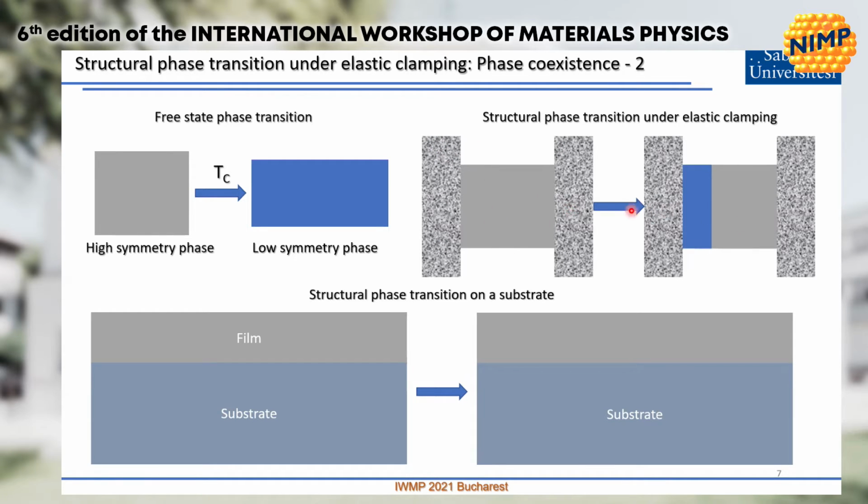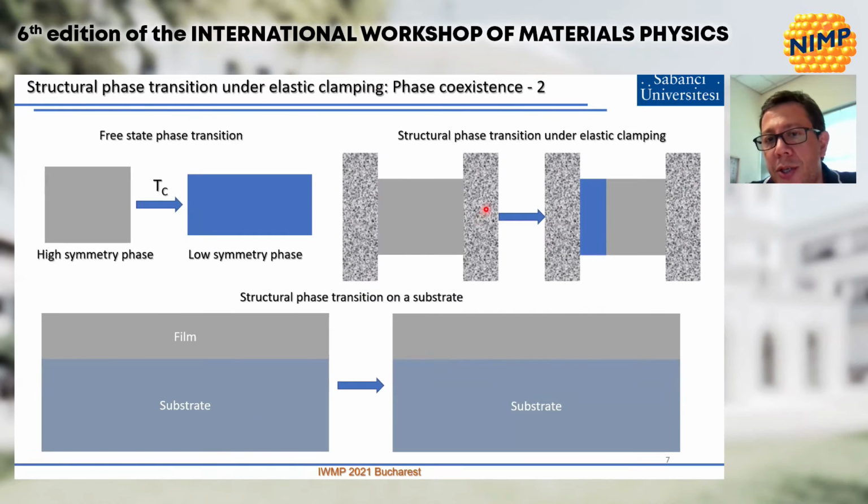When you pass through the critical transition, if the entire structure transforms, you're going to have a huge cost of elastic energy accumulated in your system. So it is intuitively understandable, and we're going to show it for 1D, that the entire system will not want to transform, and only some portion of your system will transform.